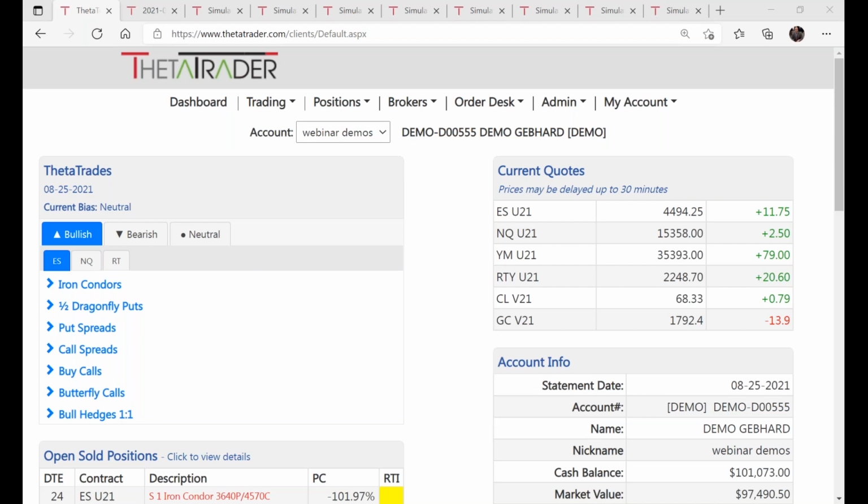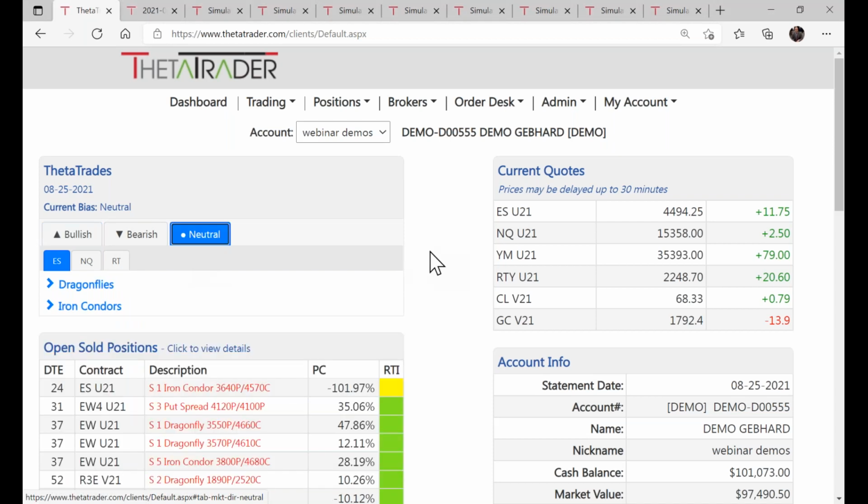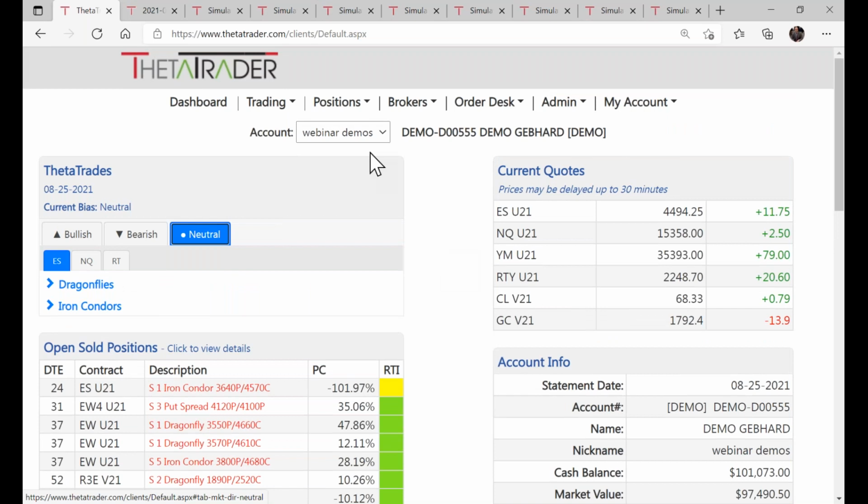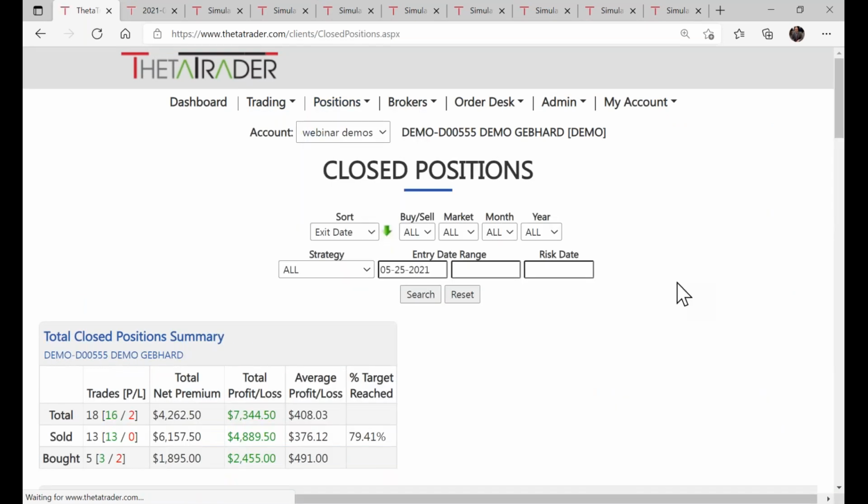Someone's asking about the Dragonfly. Of course, a couple of people asked the same question. Absolutely, there's always risk in a trade. So when you're trading, whether it's a Condor or a Dragonfly, just because the Dragonfly might be more robust than a Condor doesn't mean it can't ever come under pressure and lose money as well.